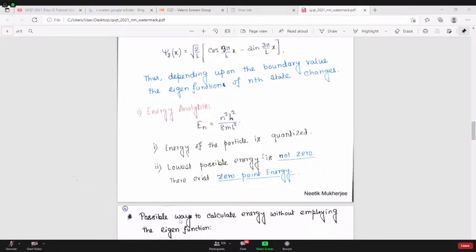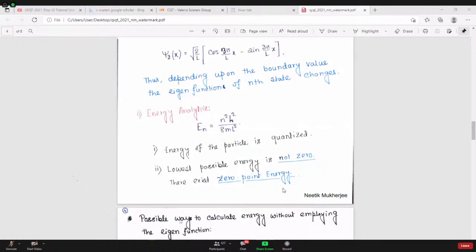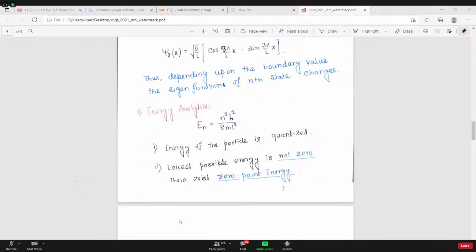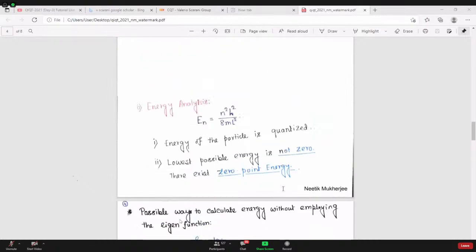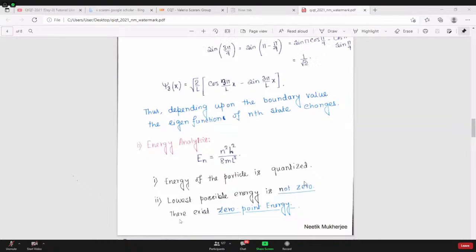So total energy is its kinetic energy. Now, you know the Heisenberg uncertainty principle. What it says is that we cannot measure the position and momentum of a particle precisely at the same time.